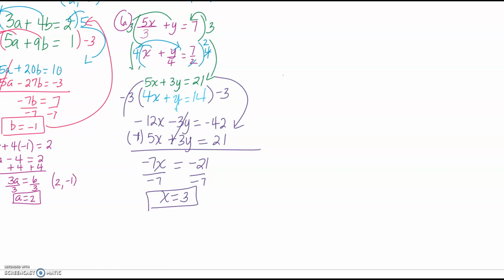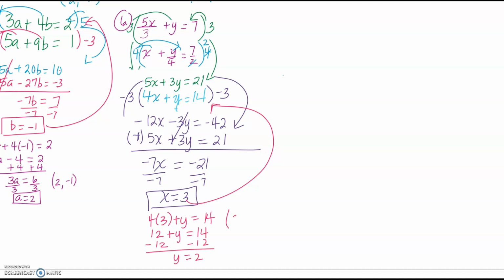I'm going to take that 3, and I think I'll plug it in right here to this. When I do that, I get 4 times 3 plus y equals 14. 12 plus y equals 14. I'm going to subtract 12. And y is going to equal 2. So my solution is x equals 3, y equals 2.